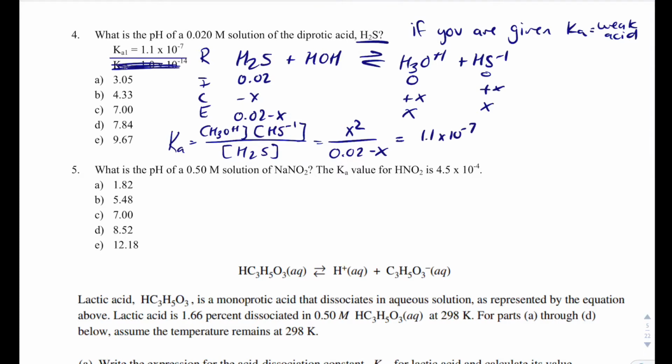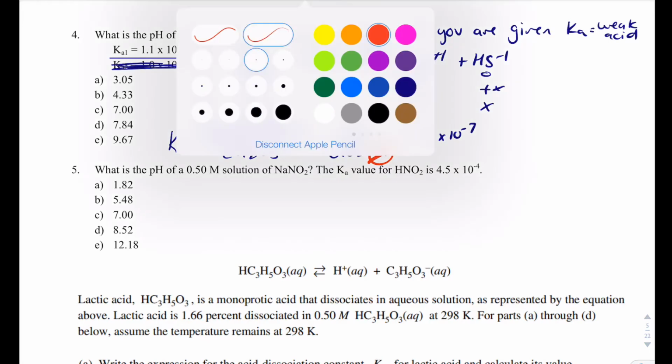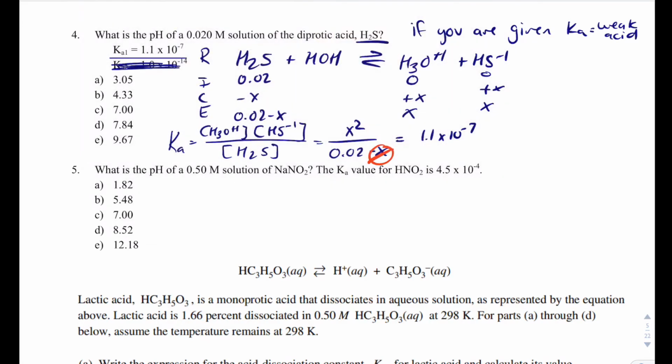And this one you probably need a calculator. You could estimate, but here's what I'm going to do, I'm going to try to do it without a calculator. First of all, 5% rule. We don't need to know that, we can cross out that X. And I'm going to multiply my denominator by 1.1 times 10 to the minus 7.